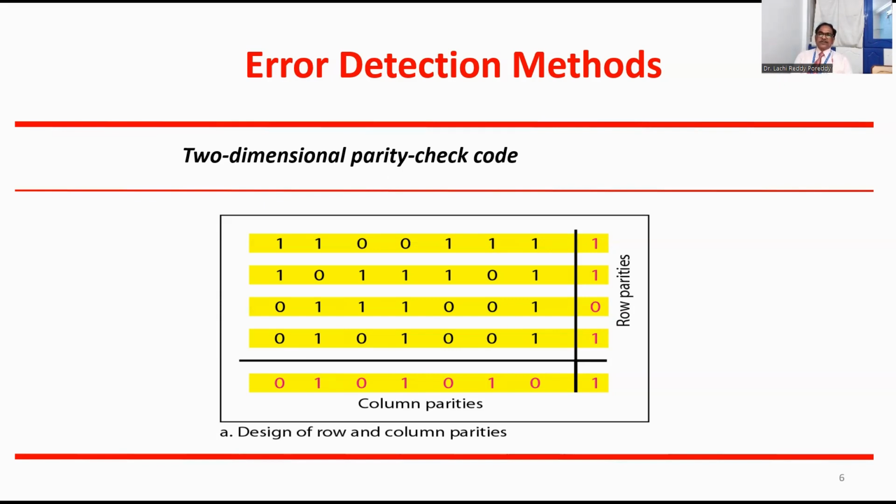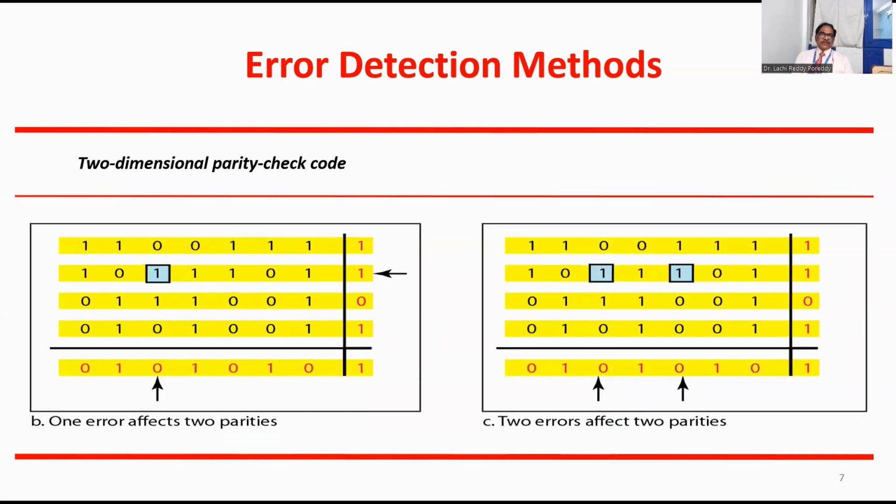The moment the receiver receives this, if we assume the same thing is received as it is, then the first row including this has an even number of ones, no error. The second row, even number of ones, no error.